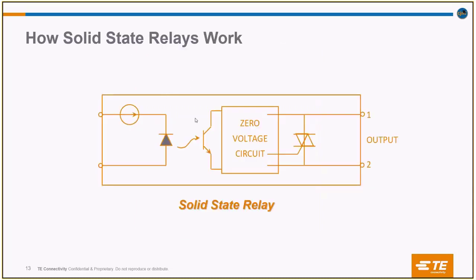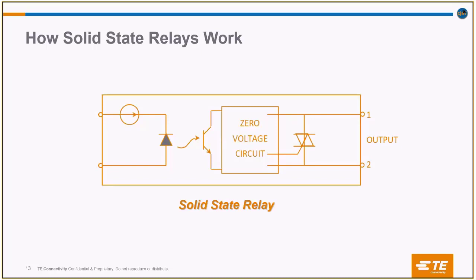Now we have the solid state relay, including I/O modules. I/O means input and output modules. If you see the solid state, we do not have any mechanical movements in here. We have mechanical movements in the electromechanical relay.